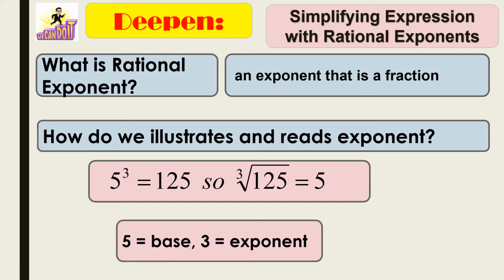As you may see in this diagram, the 3, the exponent, will become the index of your radical, and this 5, what you call the base, will become the answer. And also, the 125 will be the radicand. Okay? So that's how you change a rational exponent to a radical.